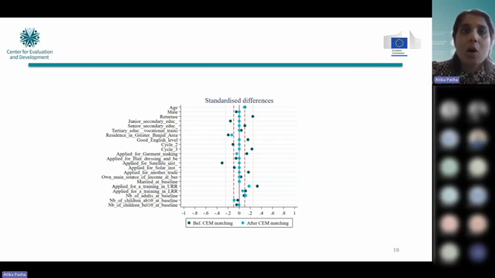After matching, what you observe is that the difference increases, at least for the case of number of children above 10 at baseline. So now the matching has resulted in a larger difference in this variable between the two groups.